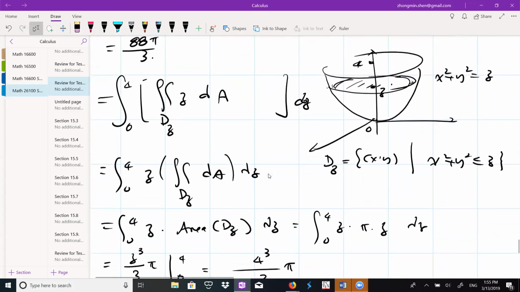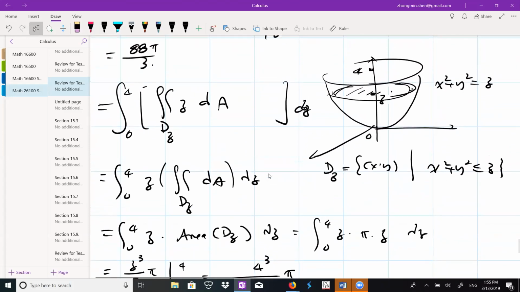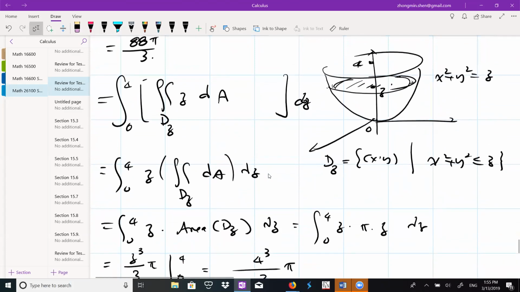Let's double check. And this is an integral. Okay. First of all, the single integral is outside. The upper bound for z is 4, right? Lower bound for z is 0. That's clear. Then for each z, you get a cross section with the solid, which is a circle, it's a disk. Okay.